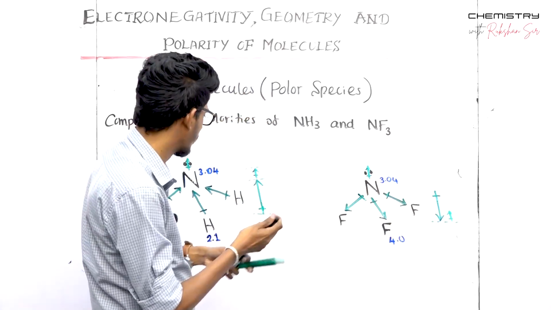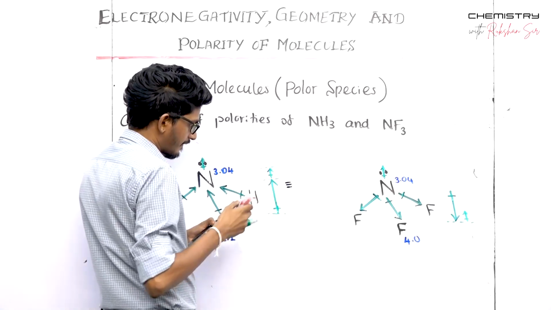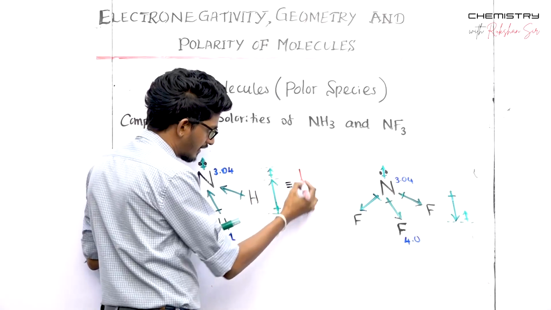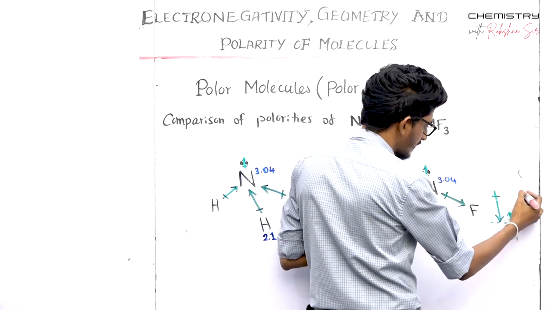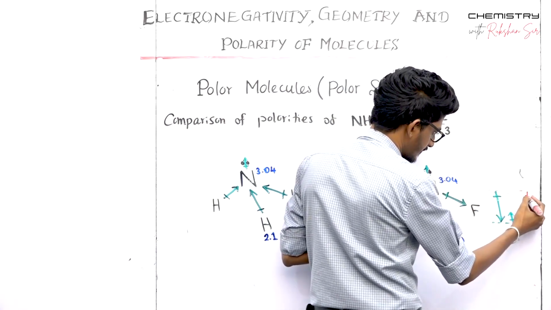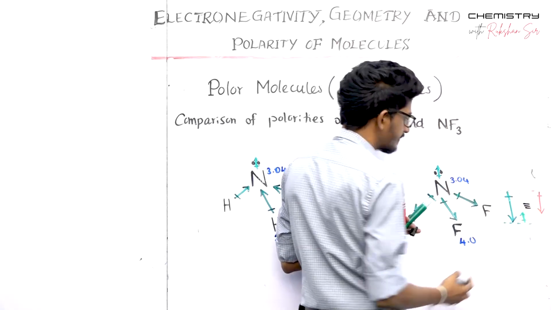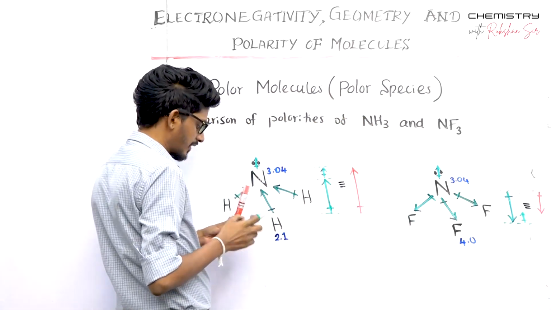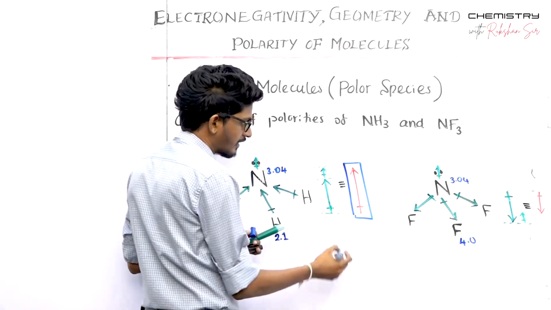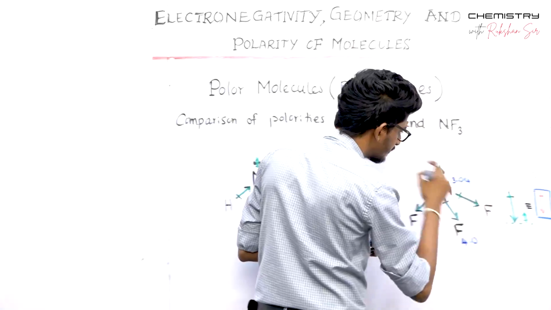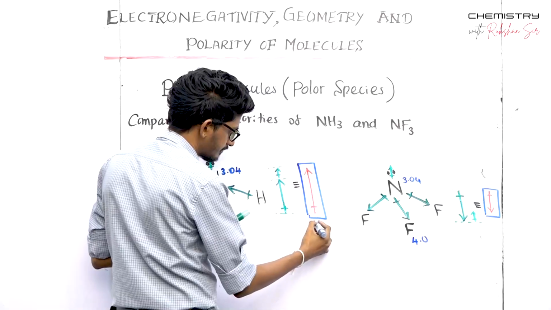So we have to consider the net effect. The net dipole moment would be like this for the NH3, but here it would be like this, some decrease due to the lone pair. So ultimately we can say the net dipole moment is like this, and here the net dipole moment is smaller, right? This is the net dipole moment, mu bar.